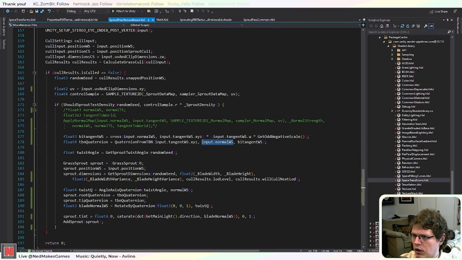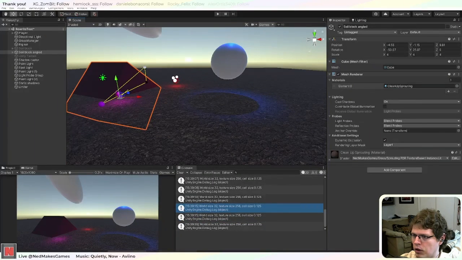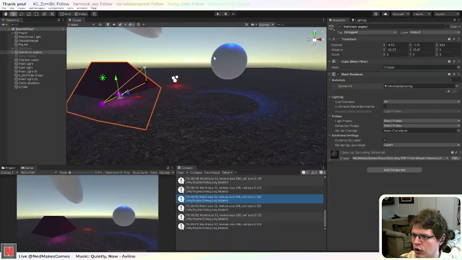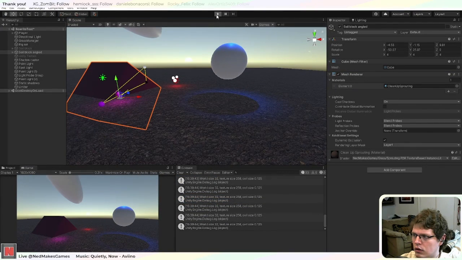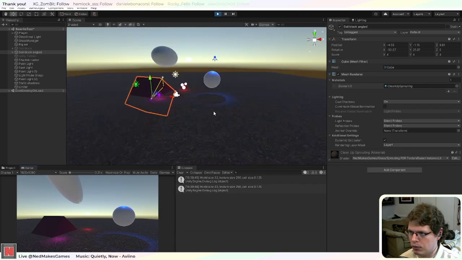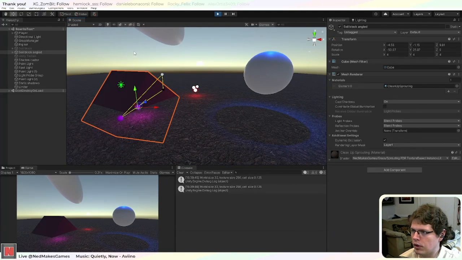So that would mean Y is pointing straight up, so that should make the grass cards also point straight up because their up direction is in this Y. And now this part stopped showing up.